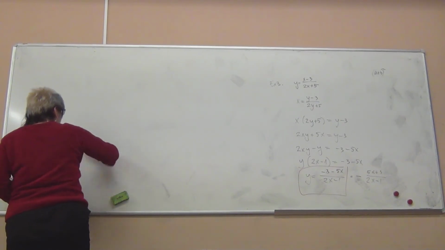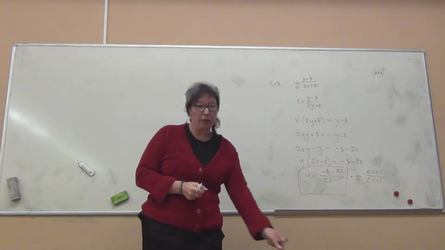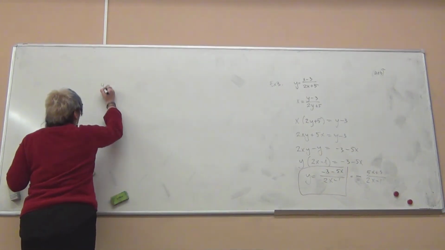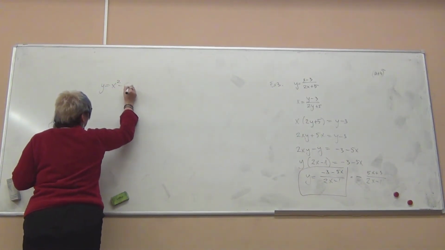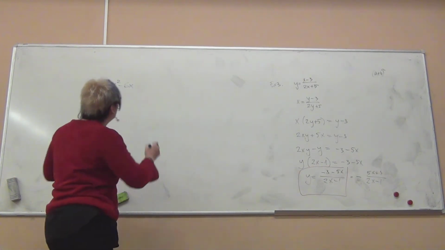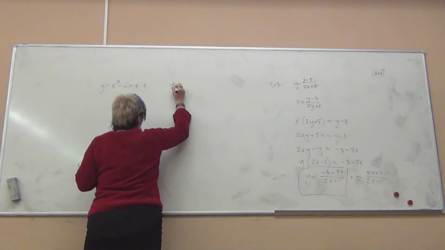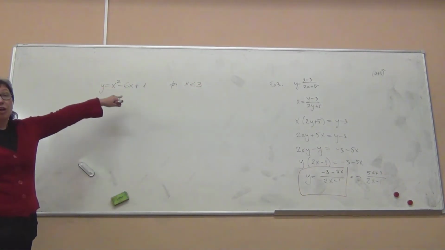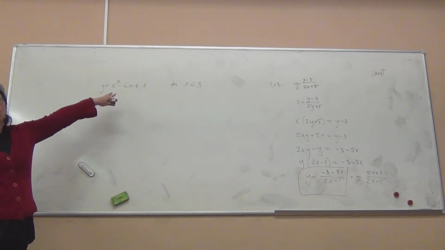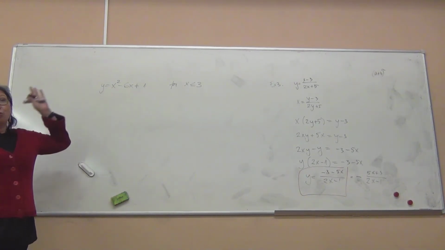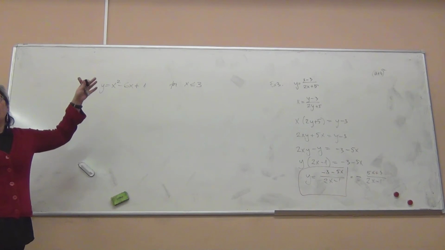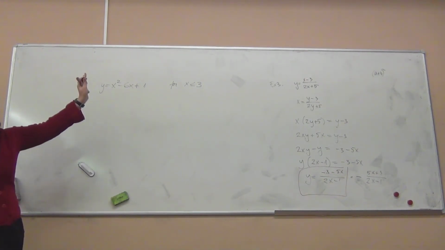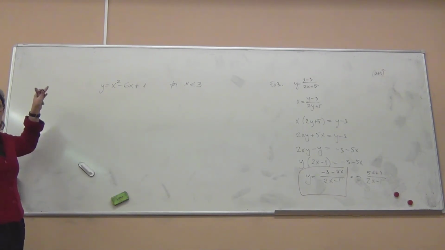And the last example where we have to deal with this function: y equals x squared minus 6x plus 1 for x less than or equal to 3. This is the situation where we have a parabola, a quadratic function, the graph is a parabola, and to be able to find the correct inverse function, we have to choose to the right of the vertex or to the left of the vertex of the parabola.